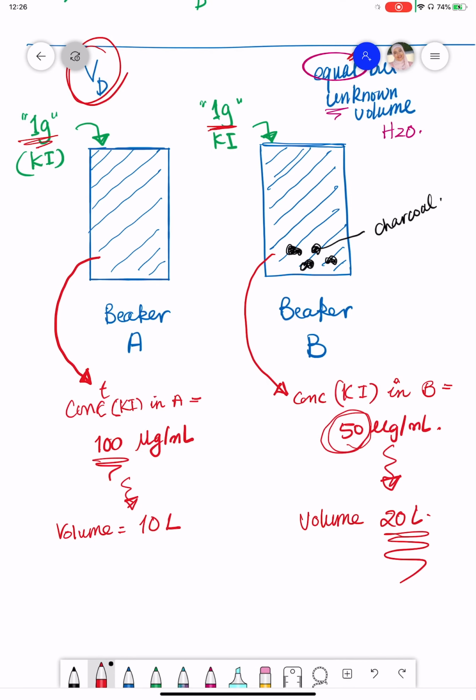Why did this happen? First of all, we know that potassium iodide is soluble in water, so it will be ionized to its ions. And we know again that charcoal is an absorbing agent, so some of the potassium iodide will be absorbed on the charcoal. So we are losing some of the potassium iodide.